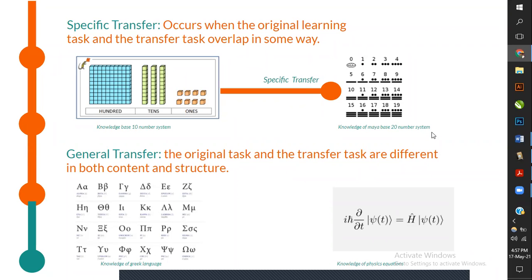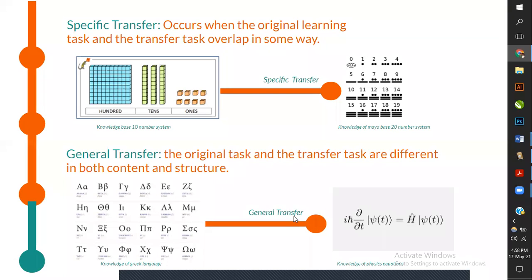And general transfer means the original task and the transfer task are different in both content and structure. For example, knowledge of Greek language. We may not really have knowledge of Greek language, but if you do, it does help you in knowledge of physics equations. You may not really know what these equations mean, but you know that these characters are from the Greek language.